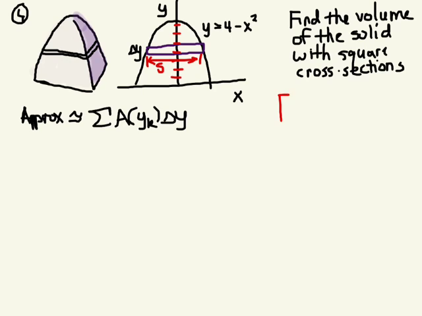If I have a square with sides s, the area is given by the square of that value. And so our approximation gets replaced by a sum of the side for that height squared times delta y. And all that's left is we need to figure out, well, how can we represent that side length in terms of y?